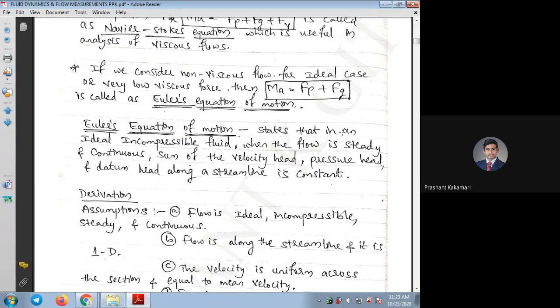And one more is the velocity difference. Within the flow also, if there are velocity changes, that also creates some head which is responsible for generating the motion of the fluid. So we are talking about three heads, that is velocity head, pressure head, and datum head, due to which a flow is possible along a streamline. Streamline means for a given passage it will follow the passage.